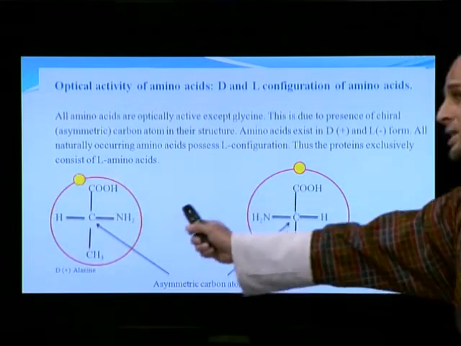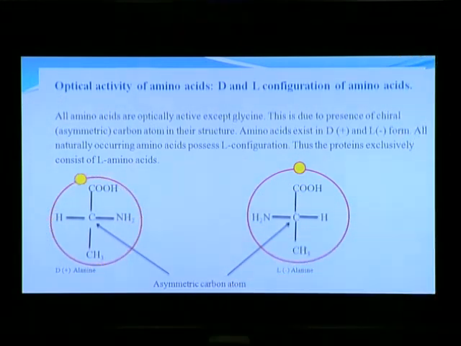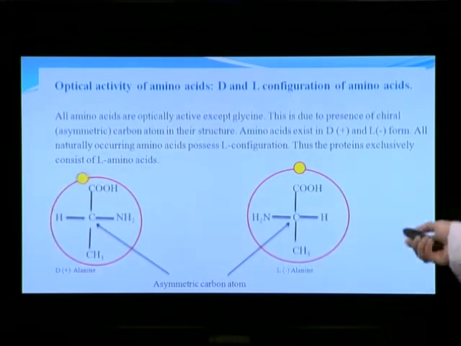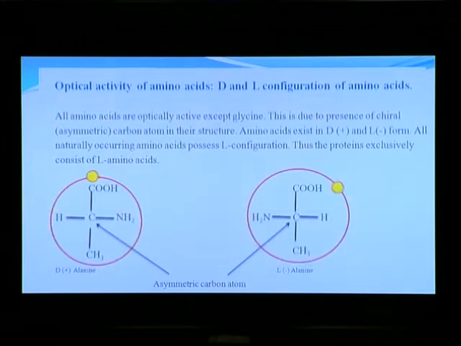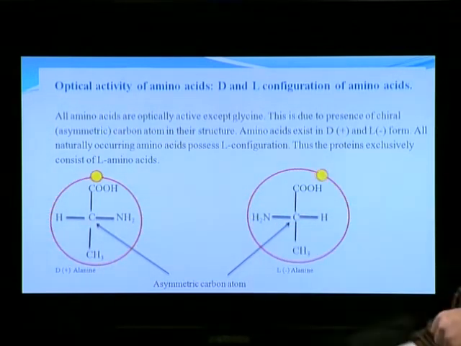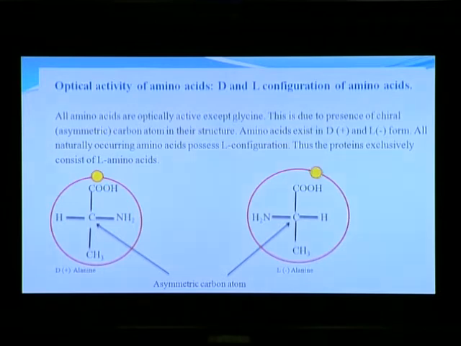So this is one type of alanine, D type, and we have another one here. Here it is levo type, levo-rotatory, because here you can see it rotates the light in the anti-clockwise direction, towards left. Hence, it is known as levo-rotatory. So these are the two different isomers of alanine.